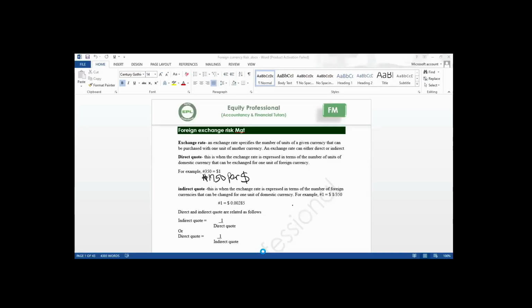Why is this topic important to us? Countries transact business with one another. Nigeria transacts business with other countries. Other countries transact business with Nigeria.